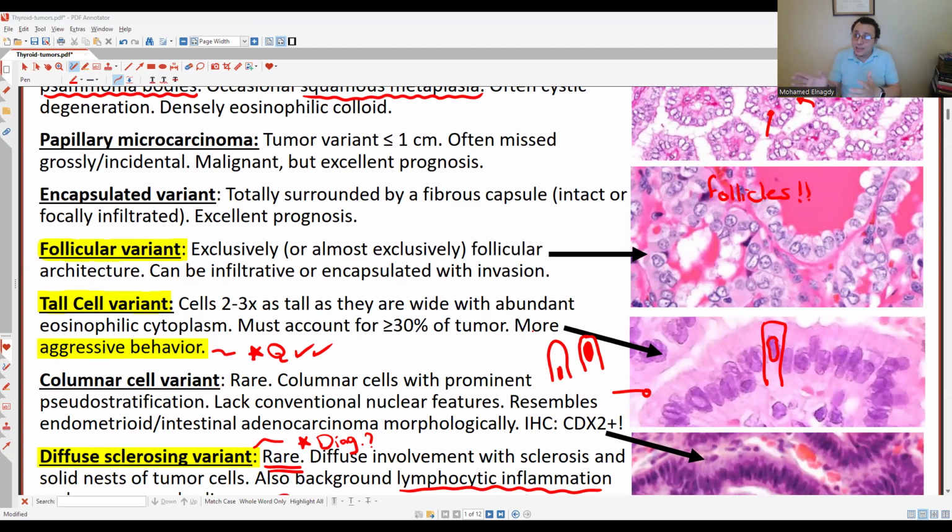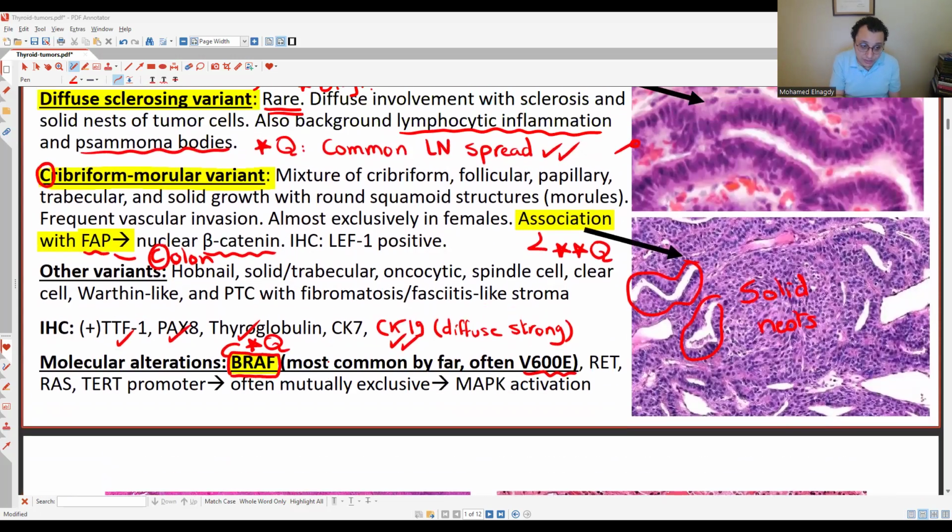Otherwise, it's going to be papillary thyroid cancer with the follicular variant. It's exclusively or almost exclusively follicular. It can be infiltrative or even encapsulated with invasion. So it might look exactly like follicular, but it shows the papillary nuclear features.